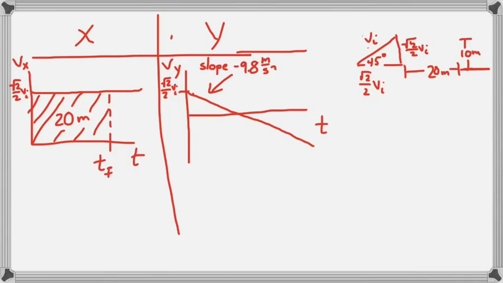That's what we want. And at some final time here, we call it t sub final, this area minus this area has to give me negative 10 meters.